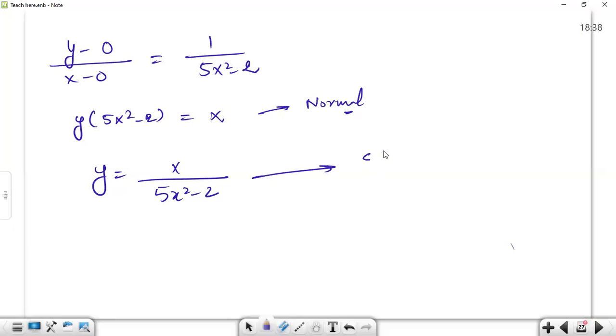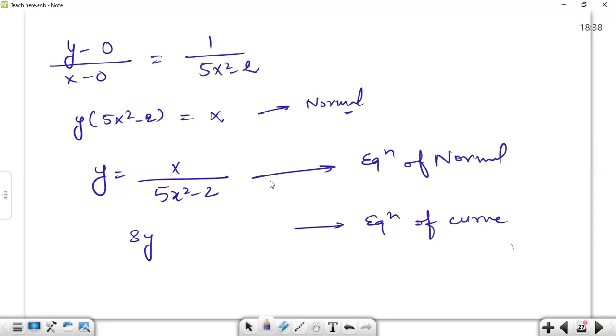So this is the equation of the straight line, which is our normal, and the equation of the curve is already given to us, which is what? 3y equals 6x minus 5x cubed. So these two equations intersect at a point which would be common to both of them.